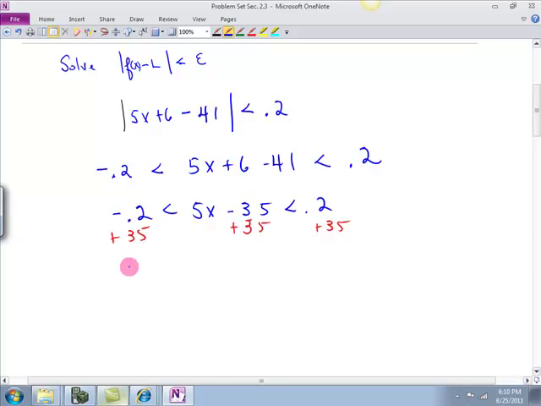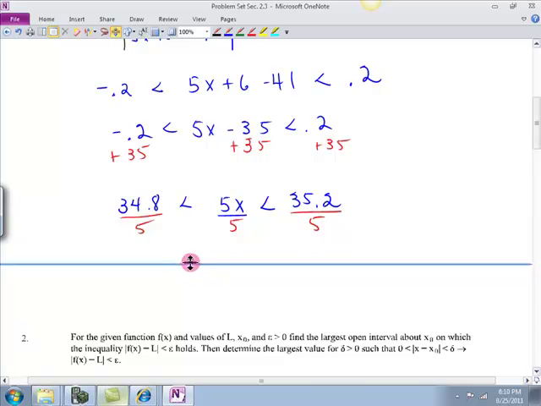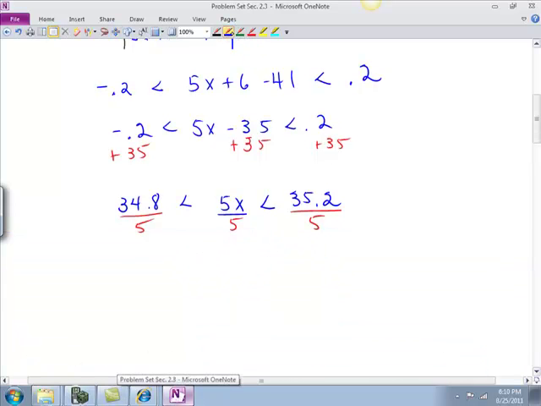You've got your calculators. 34.8 is less than 5x is less than 35.2. All right, everybody with me? Now what do I need to do to solve that? Divide everything by 5. And again, your calculator will be handy. If you need a calculator, there's one here if you don't have one. Just grab one. So what do we get on this side?